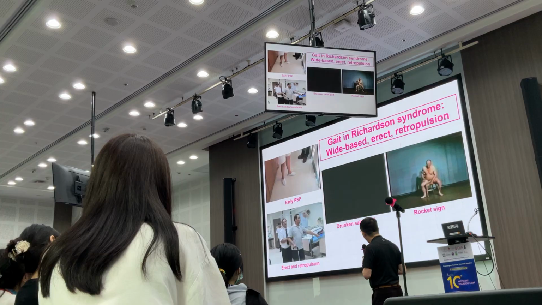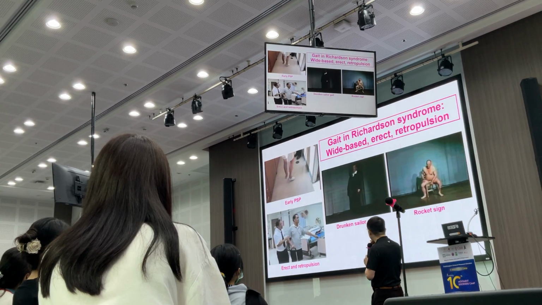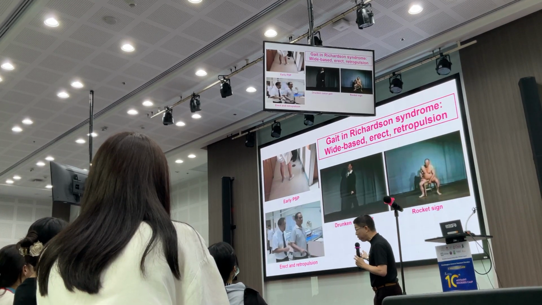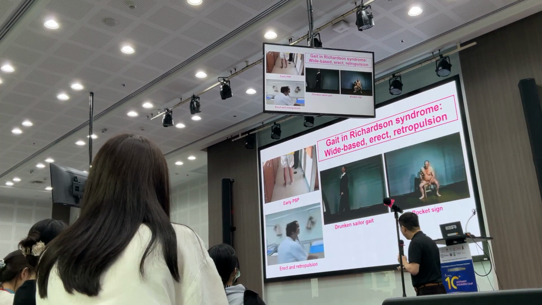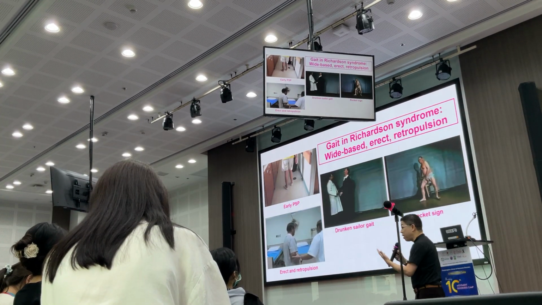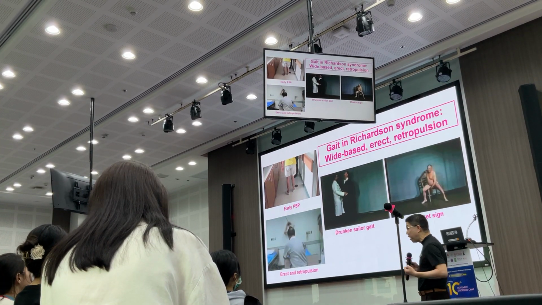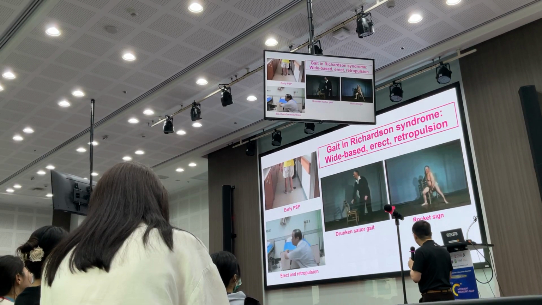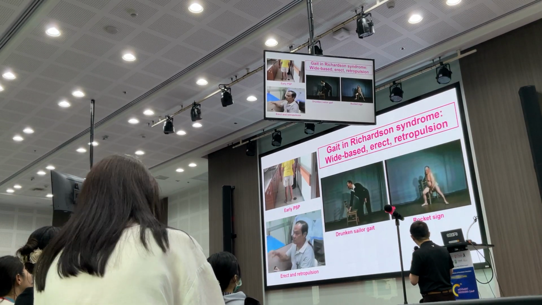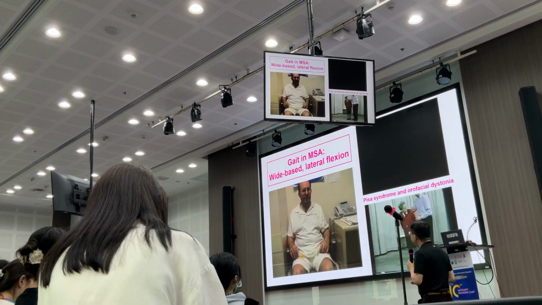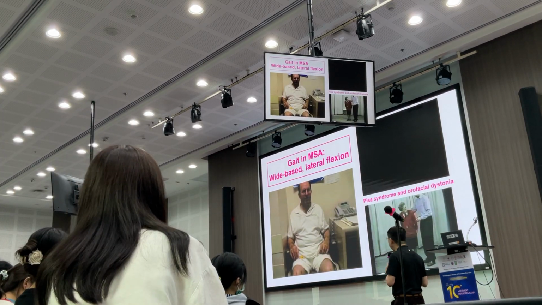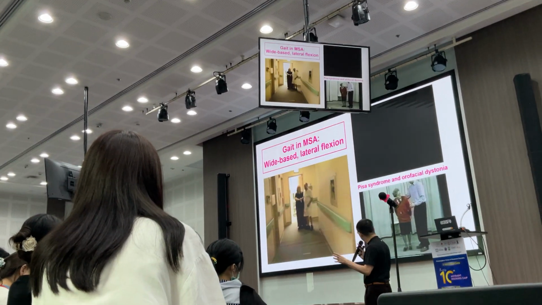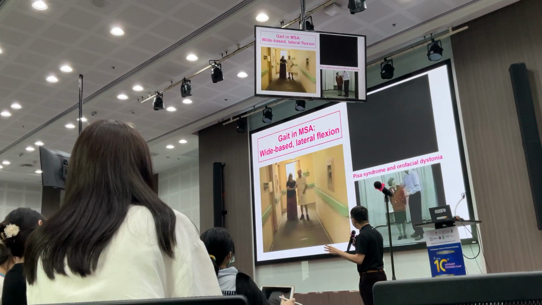And when they walk, it has been described as a drunken sailor gait. That is a description. And with the impulsivity, they always try to, they have the impulse. So it has been described as a rocket sign. Okay, in MSA, again, they have wide step width, okay?